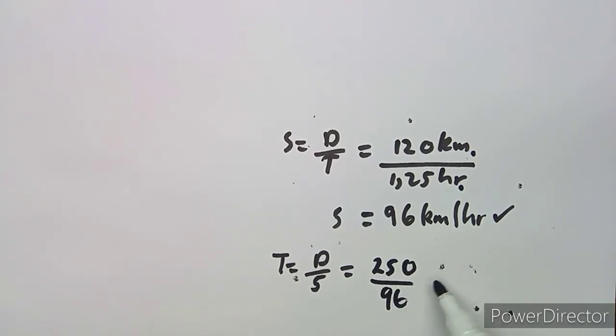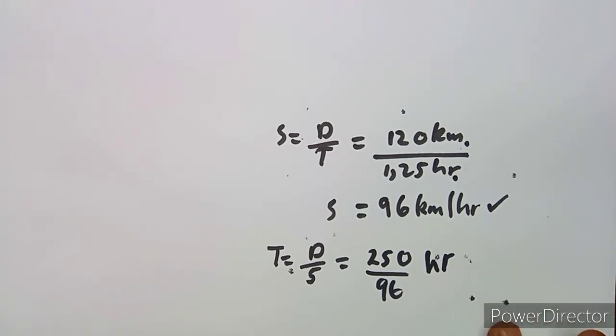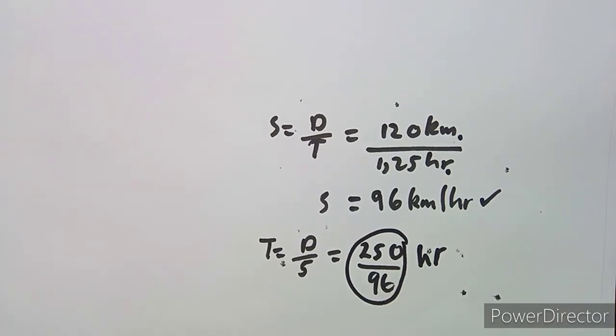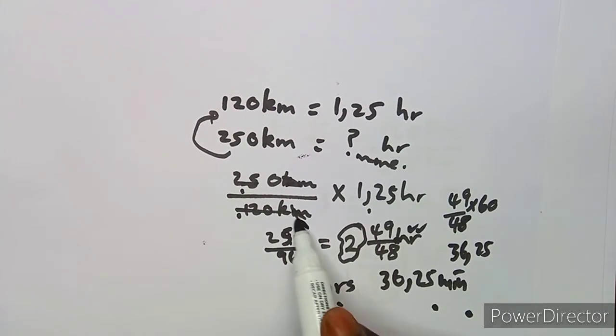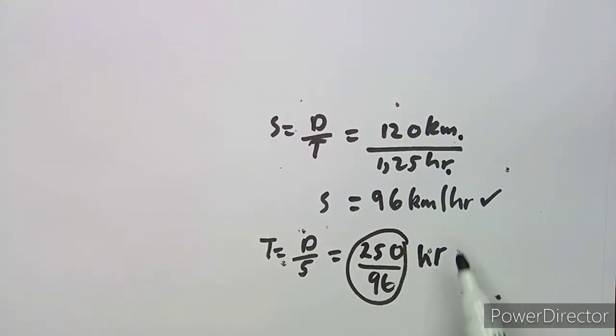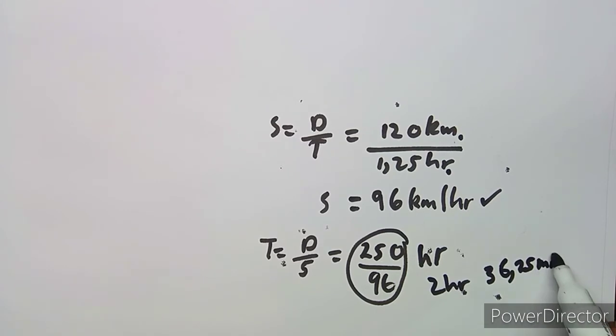This is your time in hours. As you can see, guys, this is the same answer that we had here, 250 over 96, so you're going to do the same conversion. It gives you 2 and 49 over 96, which ends up as 2 hours 36.25 minutes. So that's what we had, guys.